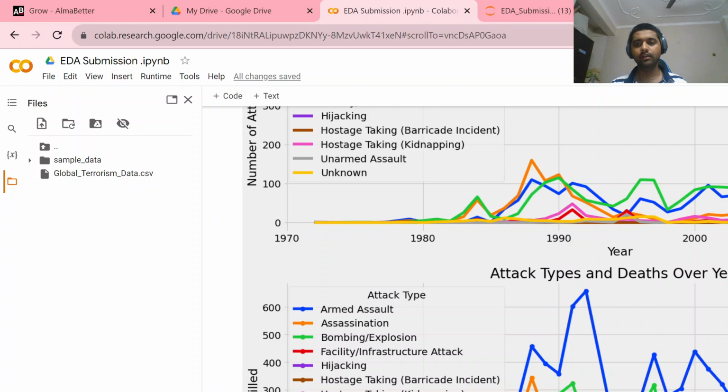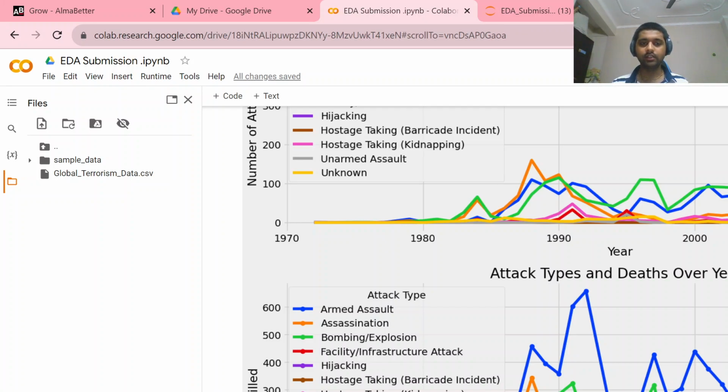As we see, deaths from bombing have rapidly reduced in India from around 2006. So definitely, maybe some precautions, some security checking, some preventions are being taken for bombing and explosions, so that the deaths and casualties decreased, and these preventions are successful.